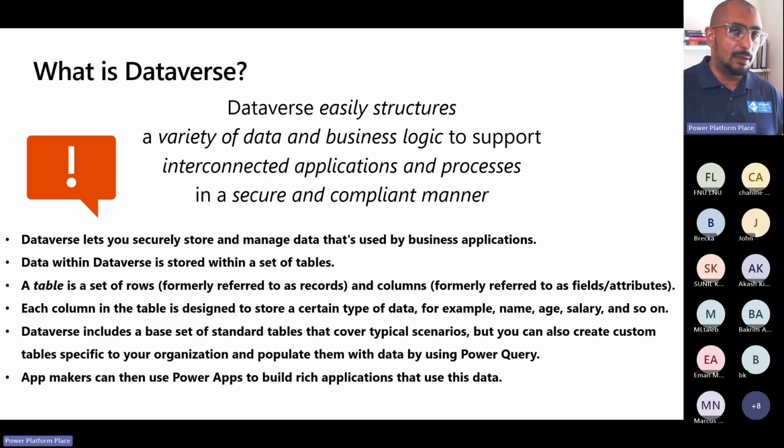This is the terminology from the Dataverse standpoint. Then you have the columns, which we refer to as fields or attributes, in the sense of either application development or classic database. Each column in the table is designed to store a certain type of data, for example, name, age, salary, and so on.